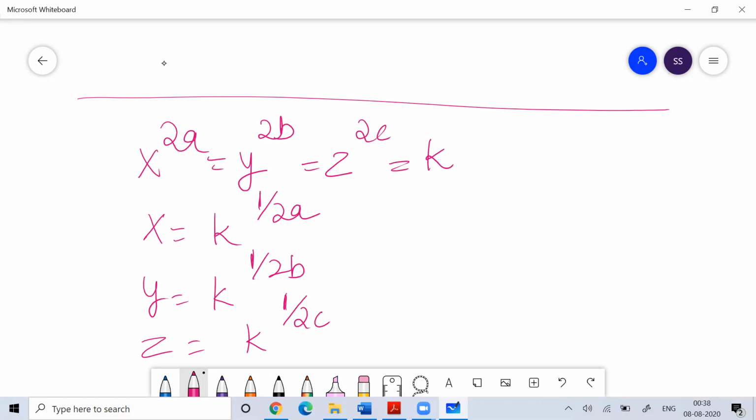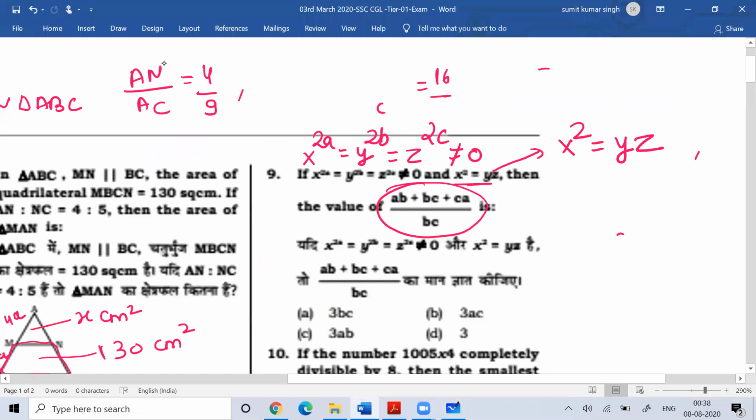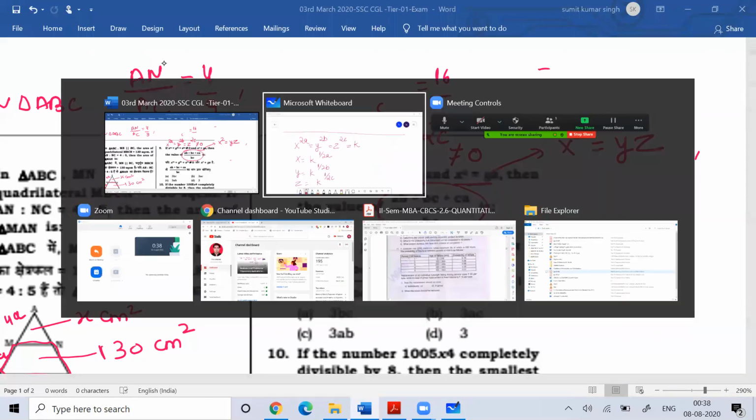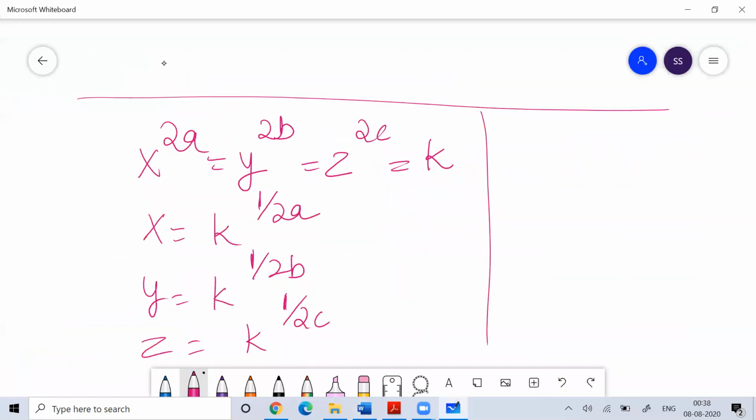This is the value of x, y, z. And then you have to find this value: AB plus BC plus CA divided by BC. You have to find this value.